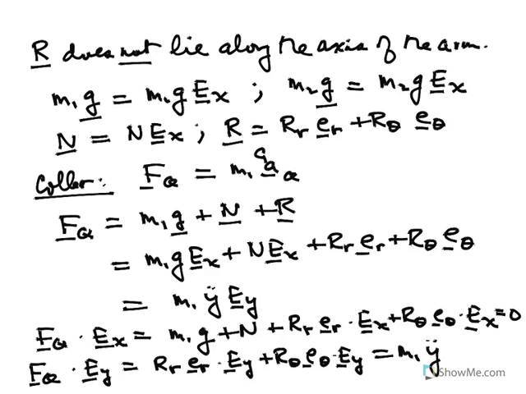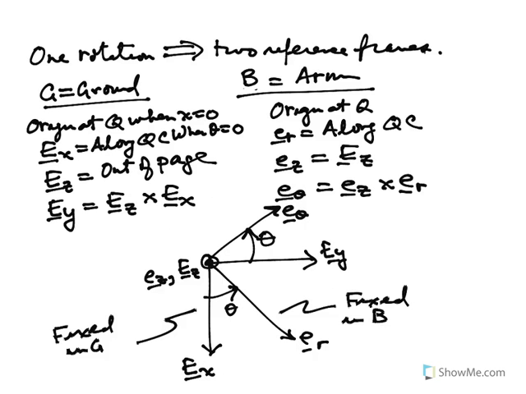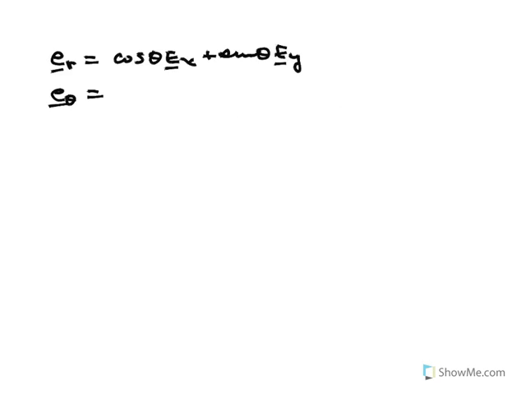So now what we can do is we can look back at the picture and we can see this. We see that er is equal to cosine of theta ex plus the sine of theta times ey, and e_theta, if you go back over to the picture, you'll see that e_theta is equal to minus the sine of theta times ex plus the cosine of theta times ey.